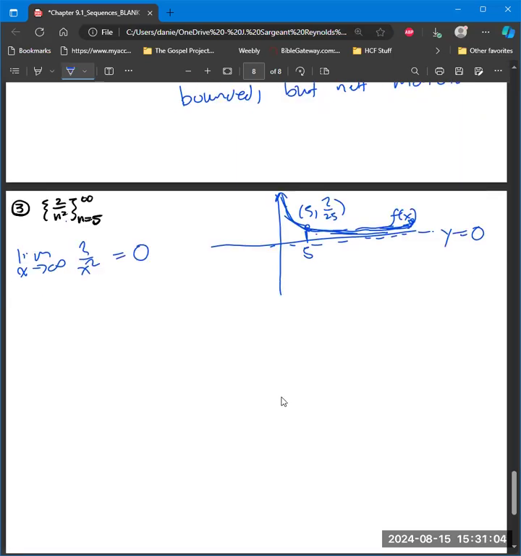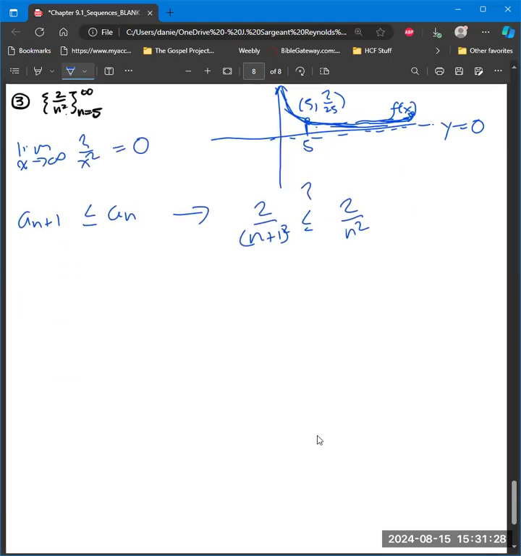And now we need to see if it looks like it's monotonically decreasing. A sub n plus 1 less than or equal to a sub n for all n. That would be 2 over n plus 1 squared needs to be less than or equal to 2 over n squared. Is this true? Let's cross multiply and see.